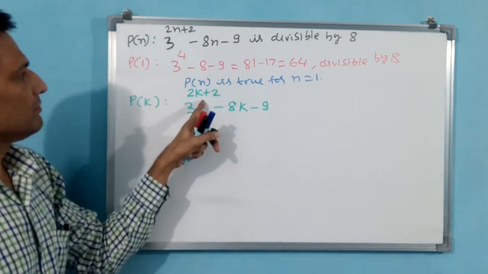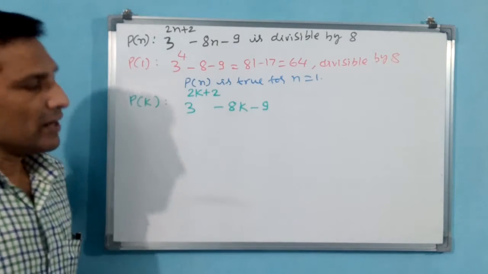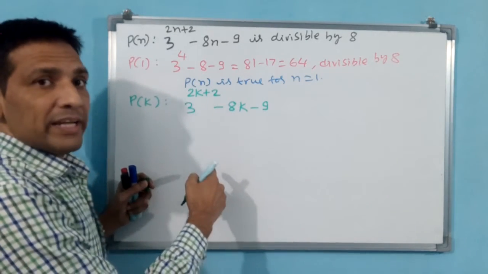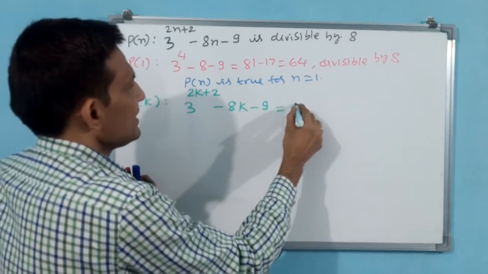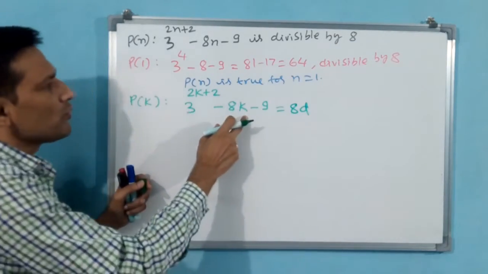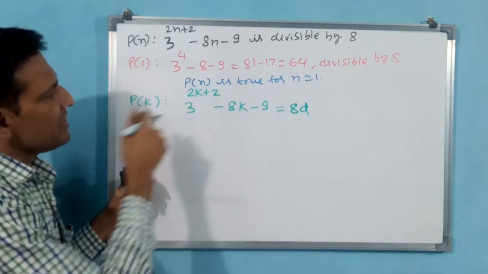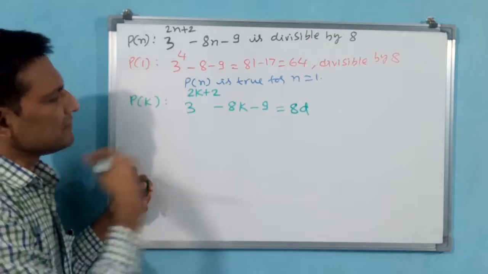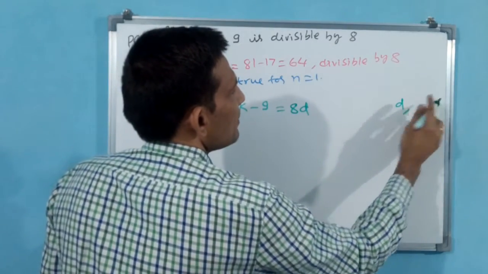N plus k has to come. 3 power 2k plus 2 minus 8k minus 9 has to come. This you have to take 8d. Definitely 8d. Here also you don't know the value. D, can you take N or Z? You take Z only. D belongs to Z.